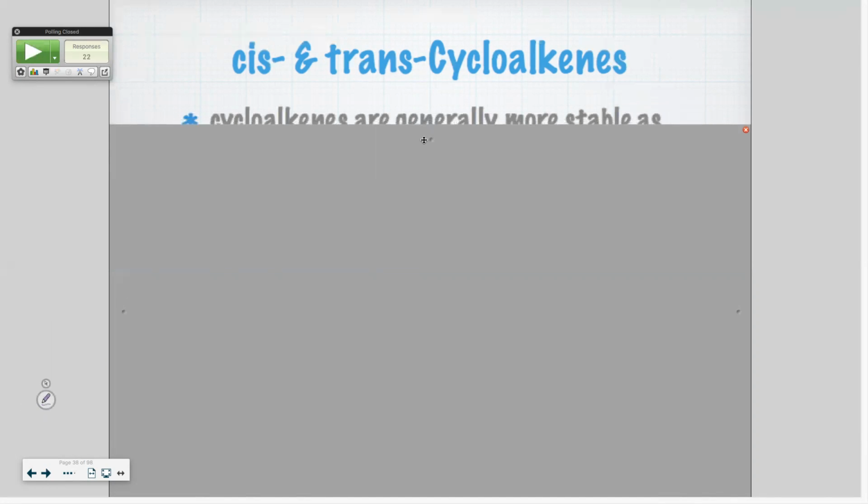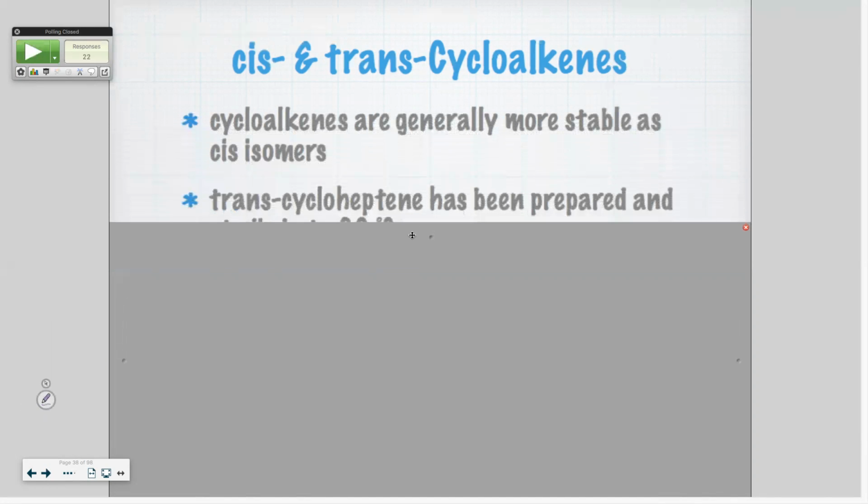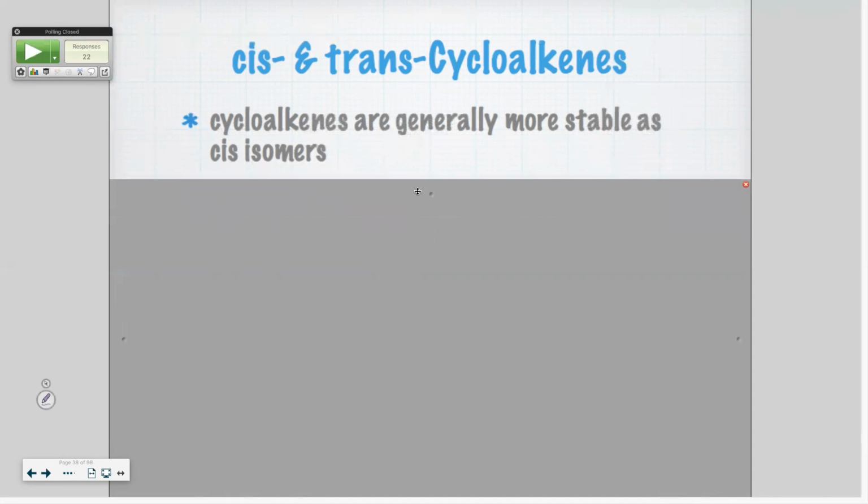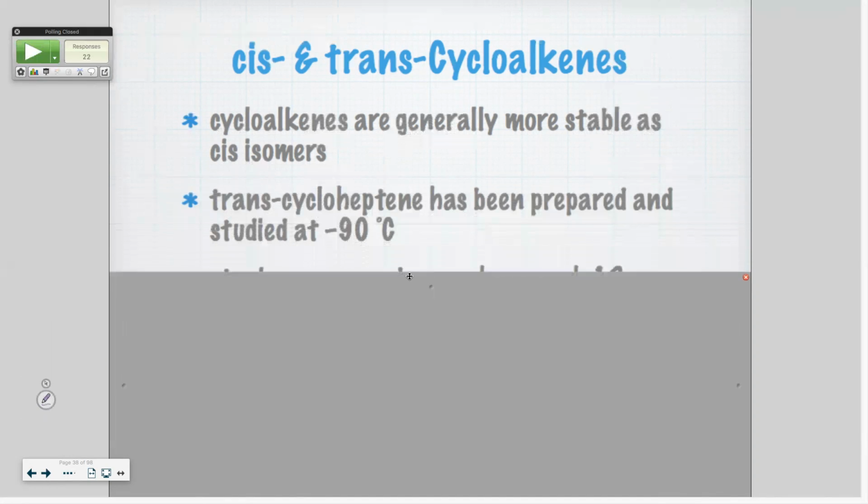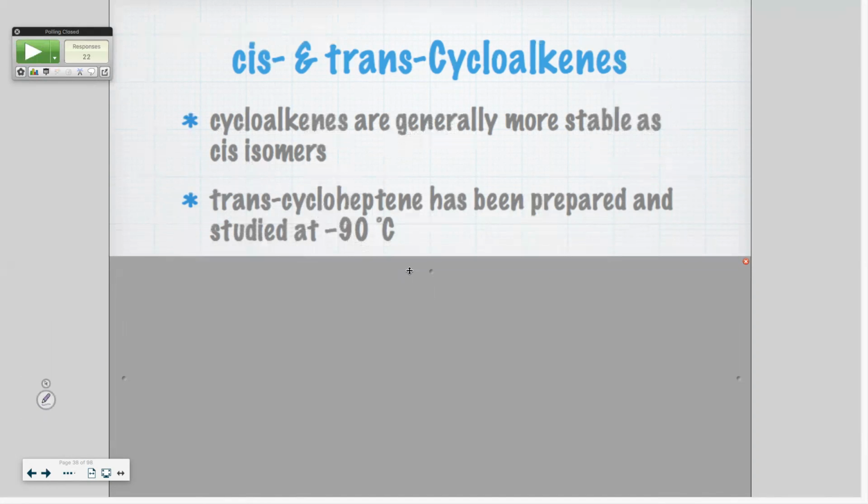Okay, just a couple things about the cycloalkenes. Remember that they're more stable as the cis isomers. They have made trans-cycloheptene, but it's only stable at minus 90 degrees C. It just comes apart.